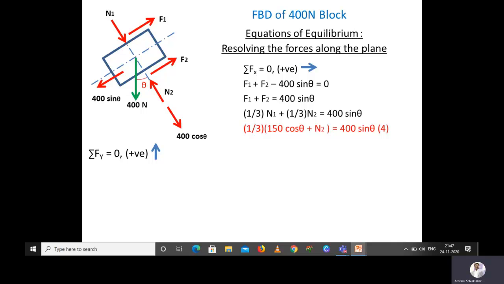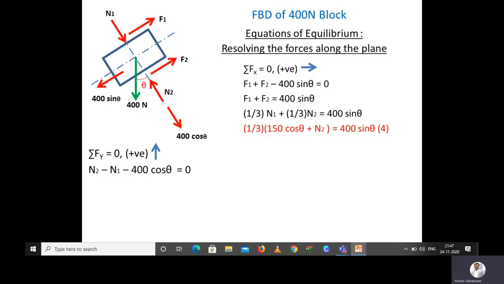The normal reaction N2 is acting towards up. So N2 will be positive and N1 and 400 cos theta will be negative according to our assumption. So the equation will become N2 minus N1 minus 400 cos theta is equal to 0.